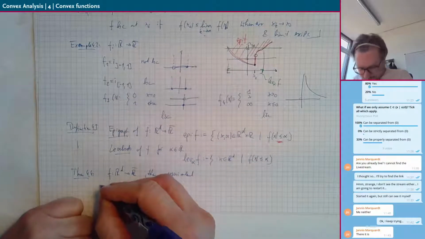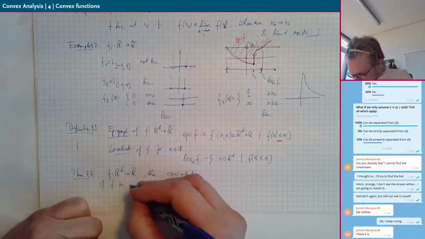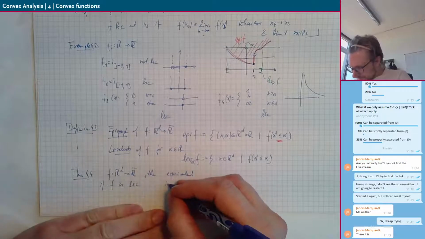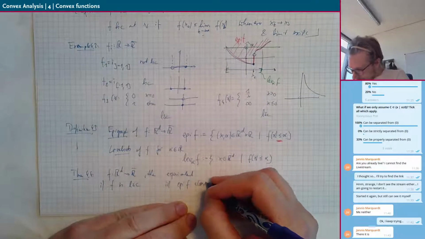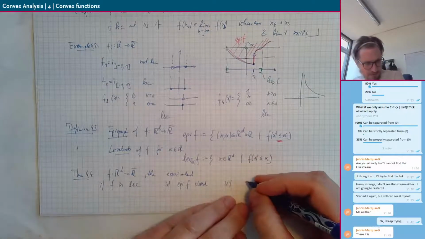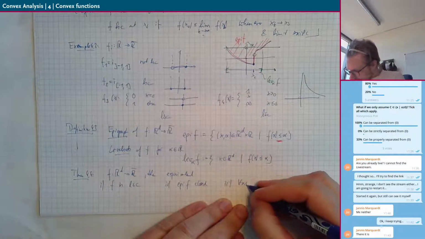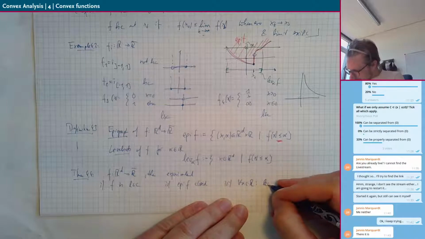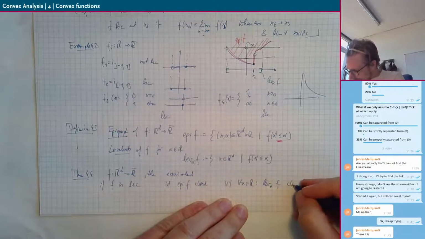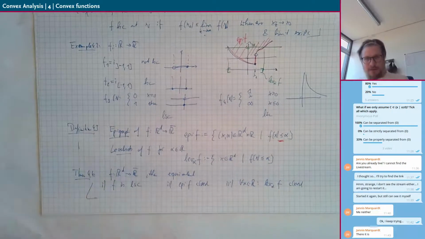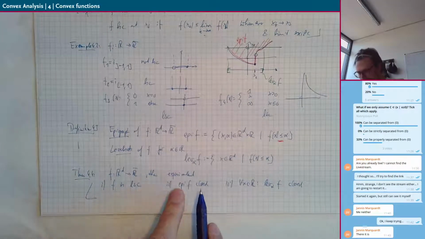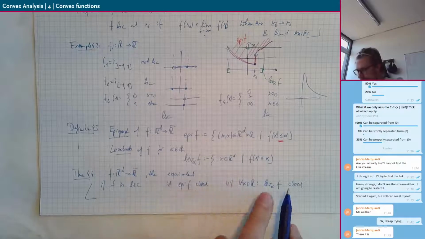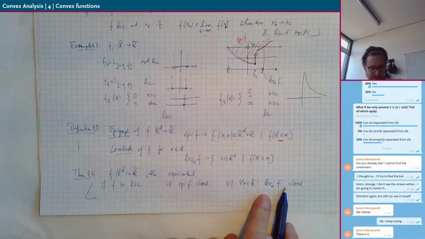The first condition is f is LSC. The second is the epigraph of f is closed. And the third is for all alpha in R, the level set with respect to level alpha is also closed. So lower semi-continuity is equivalent to closedness of the epigraph and also to closedness of all level sets.